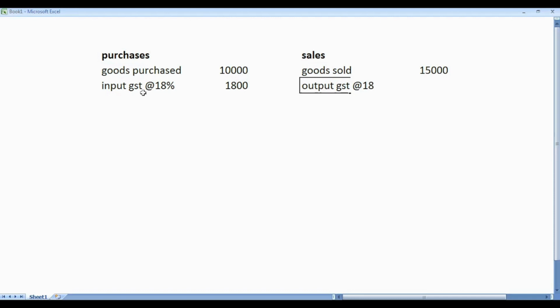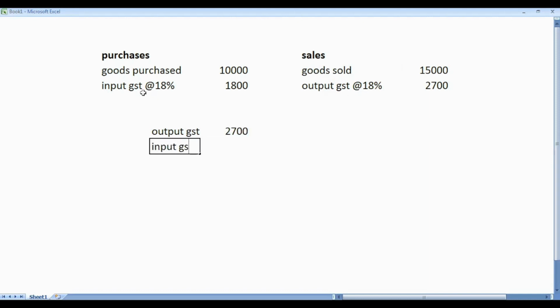So the percent of GST on the same product will be the same all over India. On 15,000 we will calculate 15,000 into 18%. The output GST at 18% will be 2,700. So output GST is 2,700.